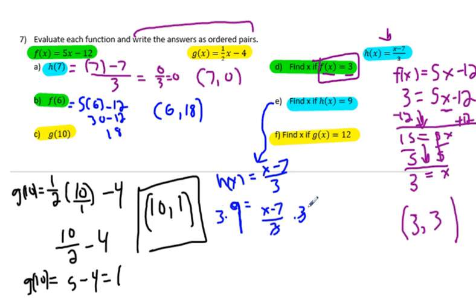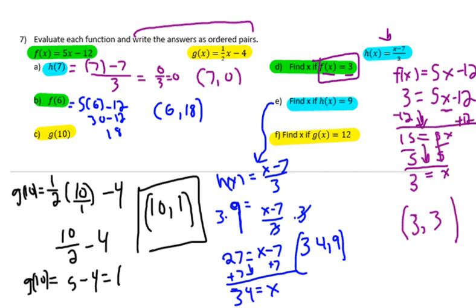So these two 3's cancel out. I'm left with 27 is equal to x minus 7. Now to further isolate the x, I'm going to add 7 to both sides. And so I have 34 is equal to x. I'm going to drop it in here to check. 34 take away 7 is 27. 27 divided by 3 is 9. And that's what we have there. So our ordered pair for E is 34, 9.